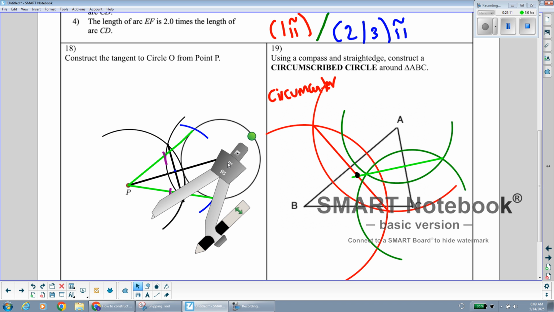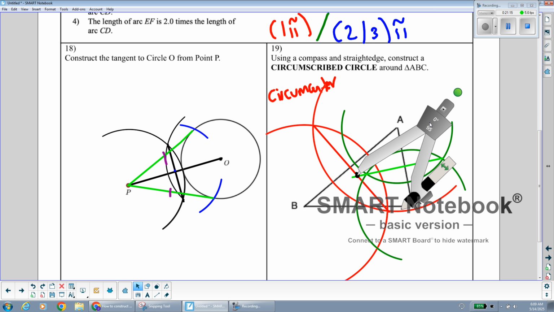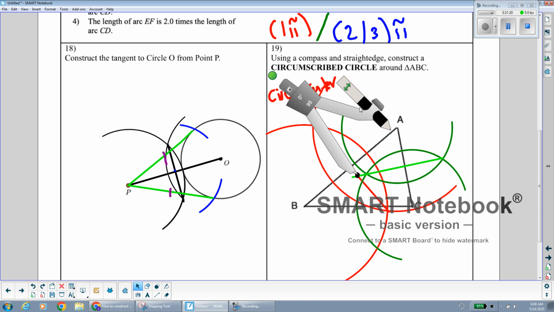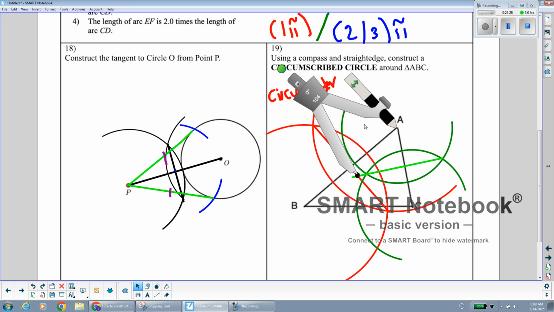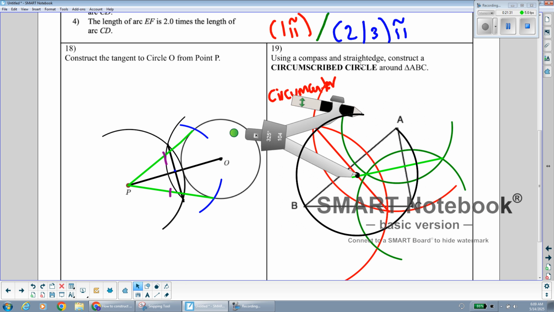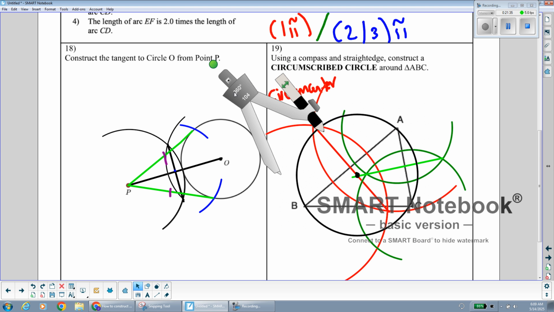The reason why it's a triangle center is because if you put your compass on that point, and mine's not going to be exact because I'm on the computer, and you open up to any one of the vertex points of your triangle, and you swing a circle, it should completely circumscribe the triangle so that all the vertex points are touching. Mine is pretty good. This one's not 100% exact, but close enough.